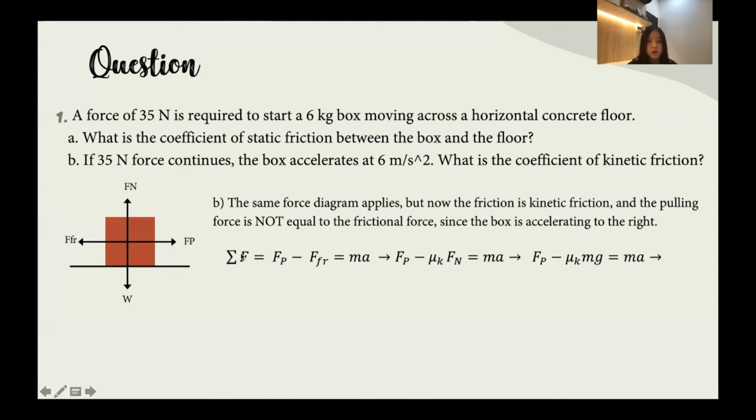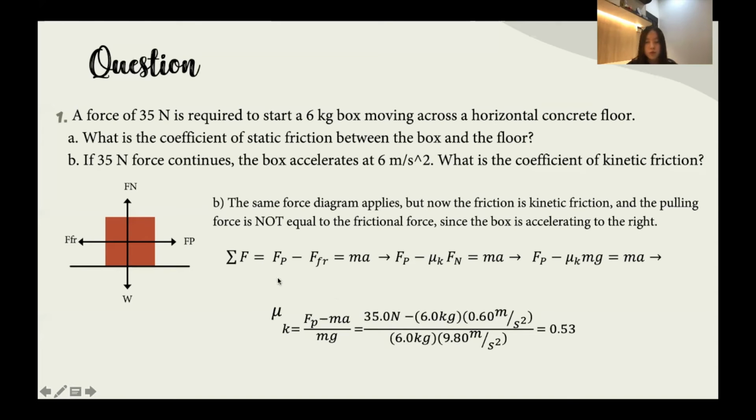Then sigma F is equal to applied force minus frictional force equals mass times acceleration. The frictional force we can substitute as the coefficient of kinetic friction times the normal force. After that, the normal force we can substitute as mass times gravity.